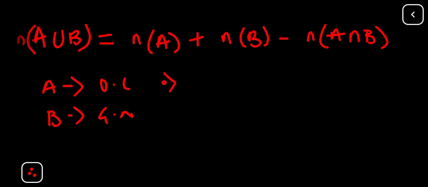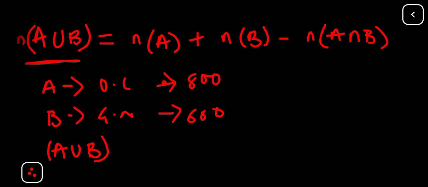So now, how do we get the intersection? They've already told us that the number of students that went to the opening ceremony is 800. The number of students that went to the gala night is 600. And the total, or the union, which is the total number of Jambites, is 1,234.